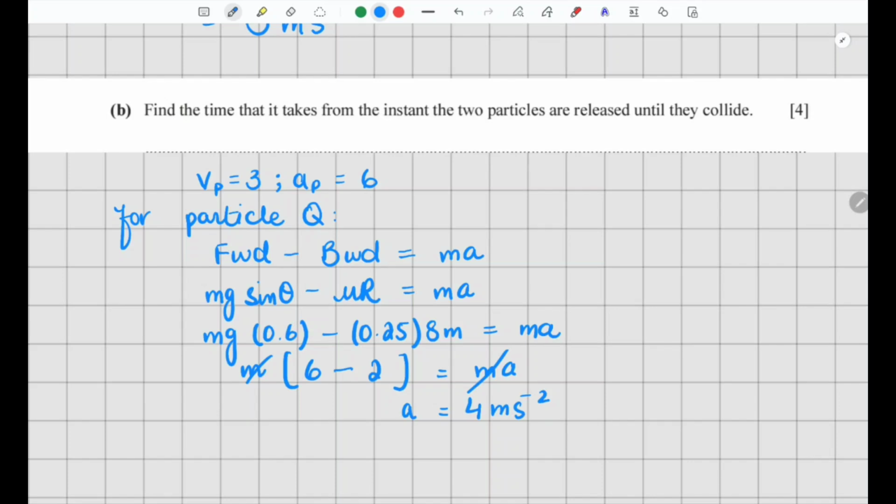Okay, this is for particle Q, the acceleration.